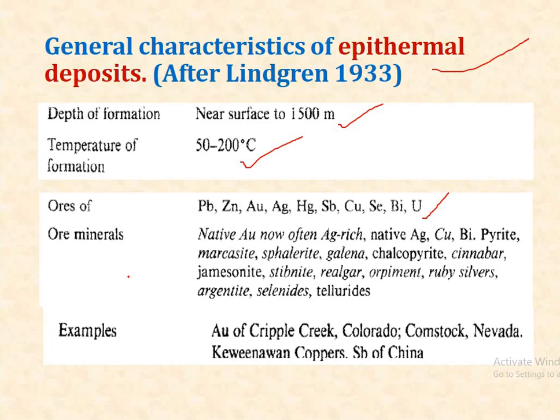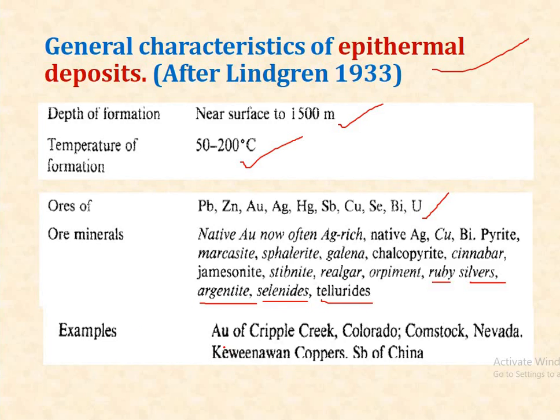Ore minerals like native gold, silver, native silver, copper, bismuth, pyrite, marcasite, sphalerite, galena, chalcopyrite, cinnabar, stibnite, realgar, orpiment, ruby silver, argentite, selenite, tellurite, etc. are found.